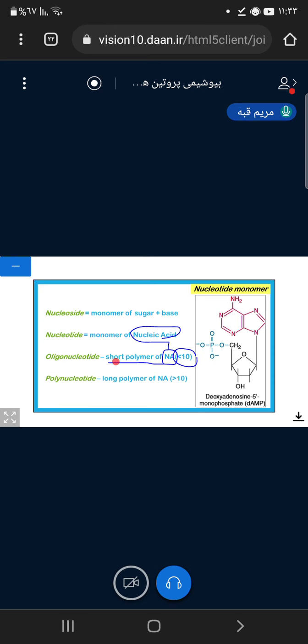Oligonucleotide پلیمری کوتاه از اسید نوکلئیک هست که کمتر از 10 تا نوکلئوتید داره.